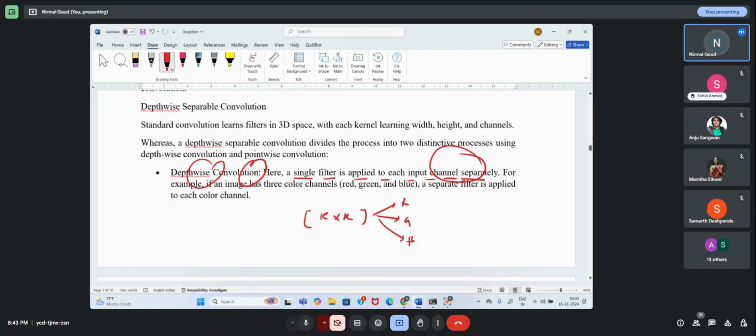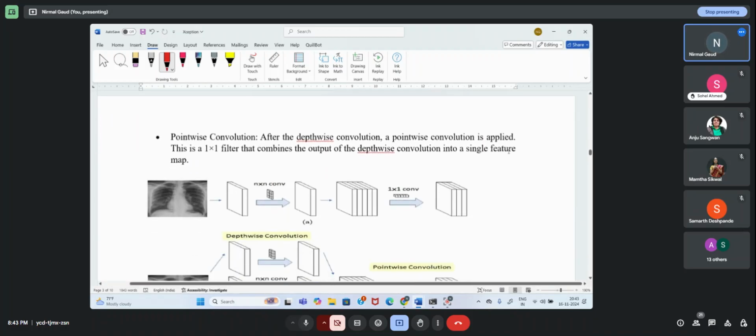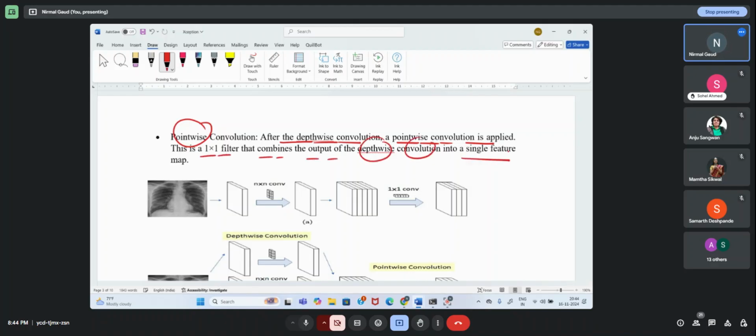For example, if an image has three colors, that's the description I gave you. Then pointwise convolution. After depthwise convolution, a pointwise convolution is applied. That means a one cross one filter combines the output of the depthwise convolution into a single frame.